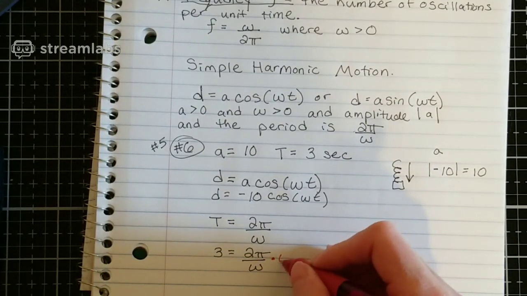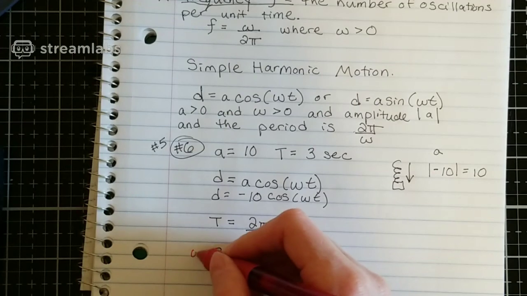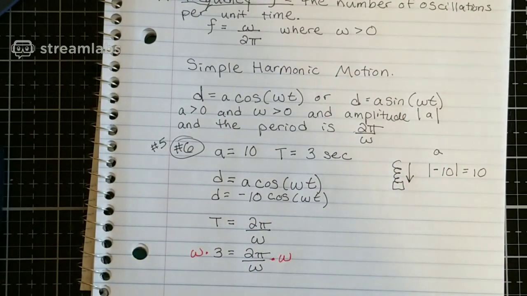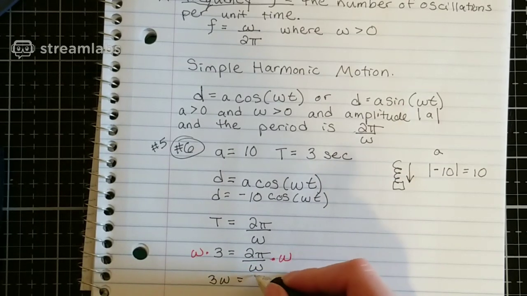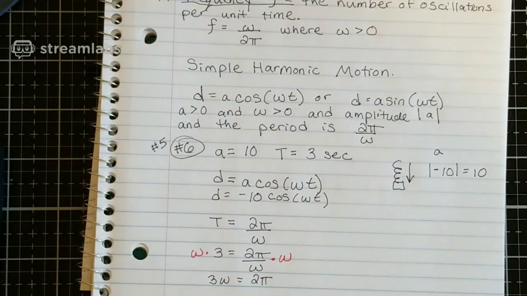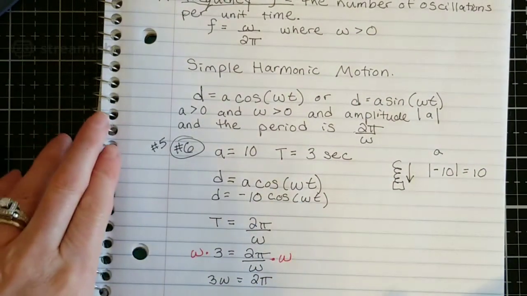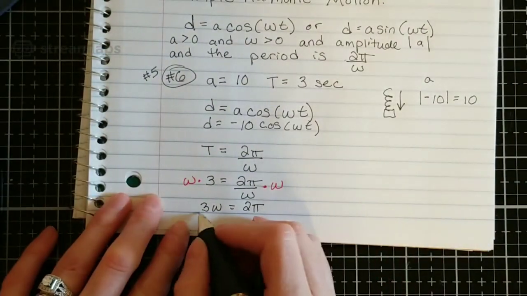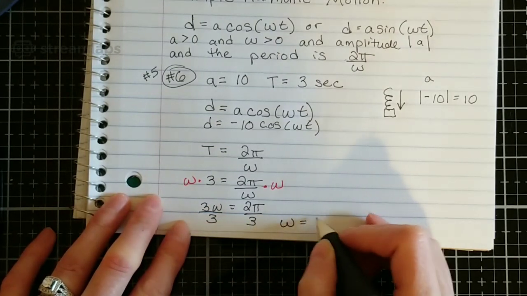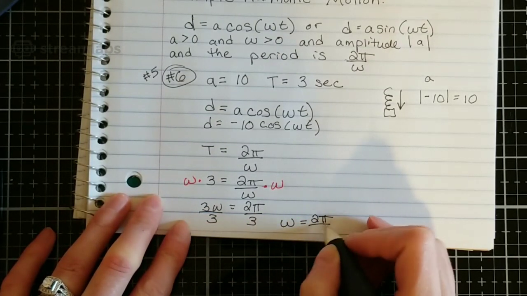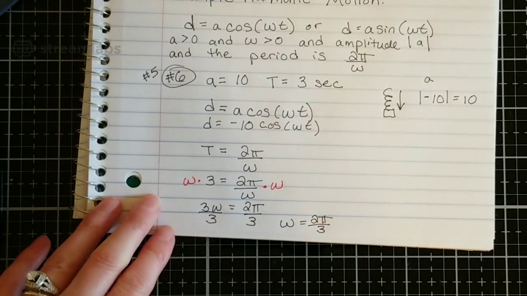So I'm going to multiply both sides by W. So now I'm left with 3W equals 2 pi. Again, we're solving for W, so we need to divide by 3. And our W is going to be 2 pi over 3.